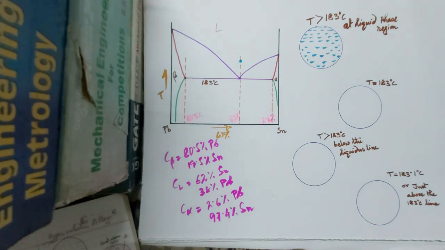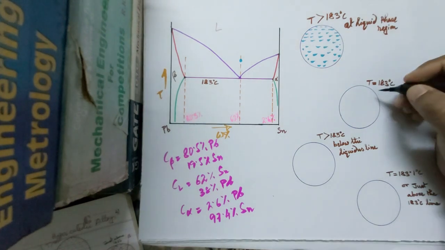And at the eutectic temperature we will have continuous layers of two different phases, alpha and beta.